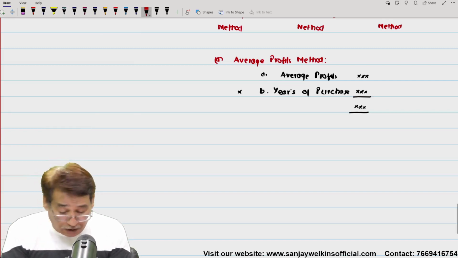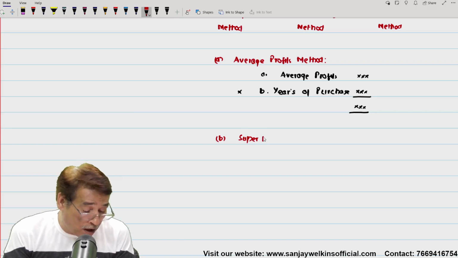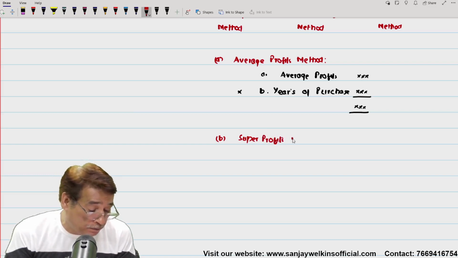Besides that, there was a method known as the super profits method. Under the super profits method, how did you compute the amount of goodwill?